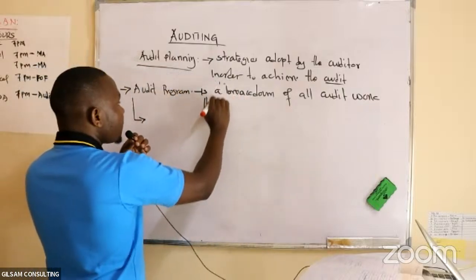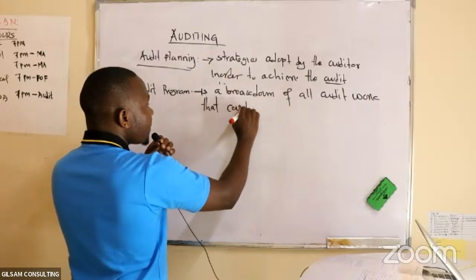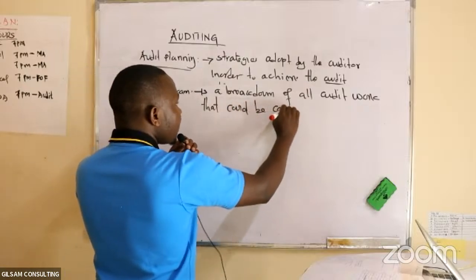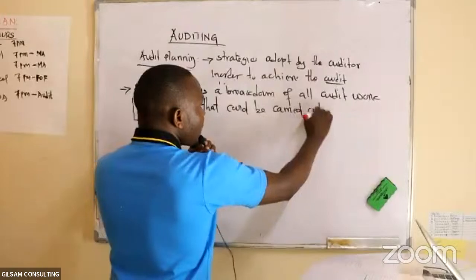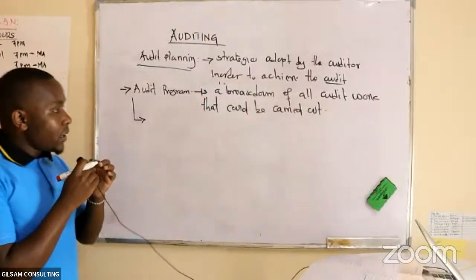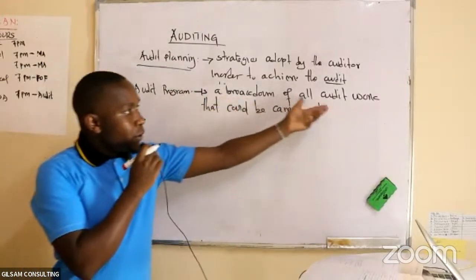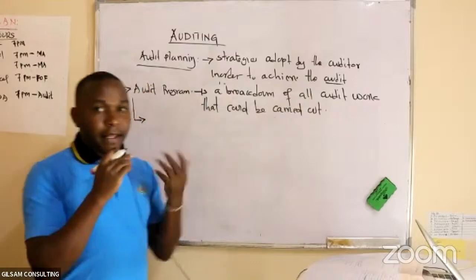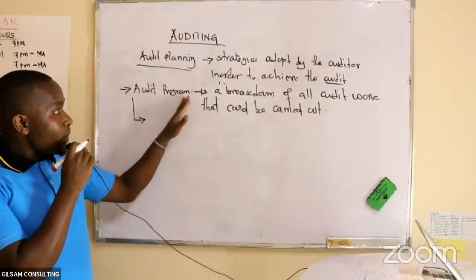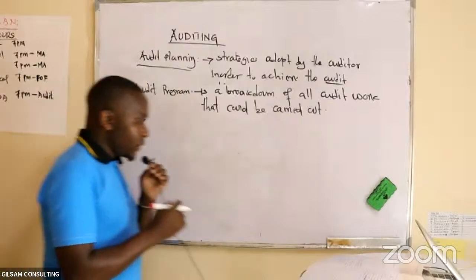It sets out the breakdown of all the audit work that could be carried out. That is what is called the audit program.